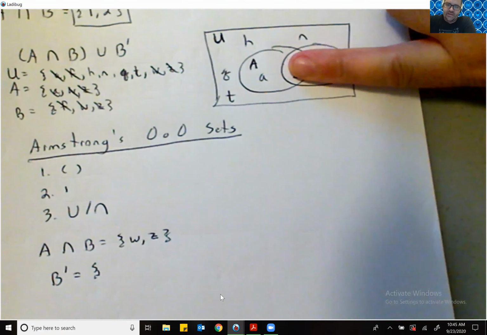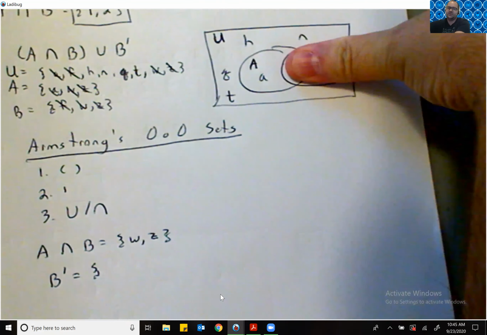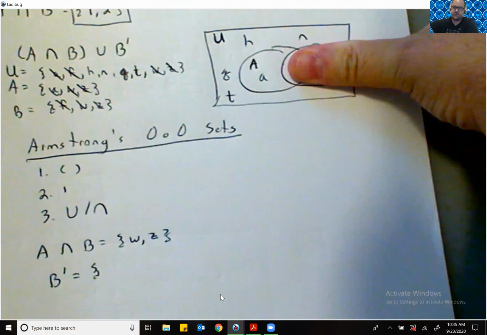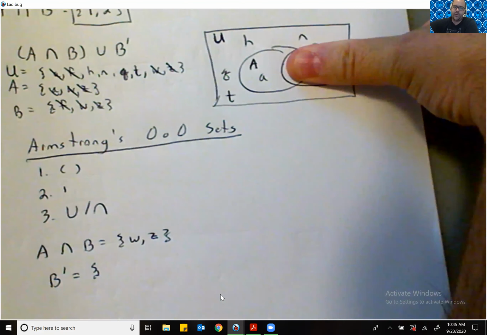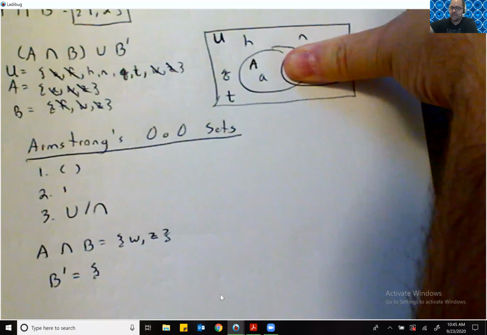So the entire B circle is gone. So what do you have left? A, Q, T, H, and N. You got it. All of that is B complement.